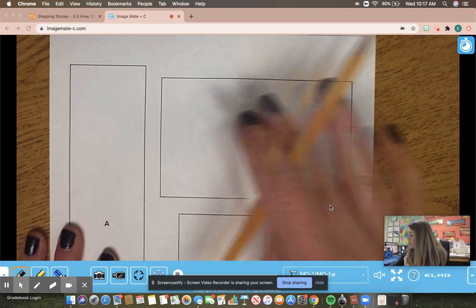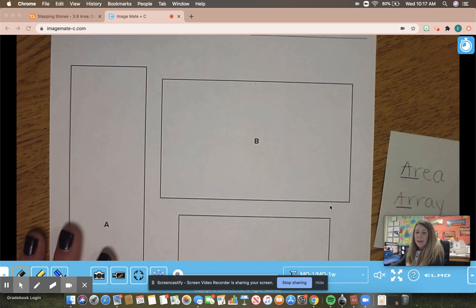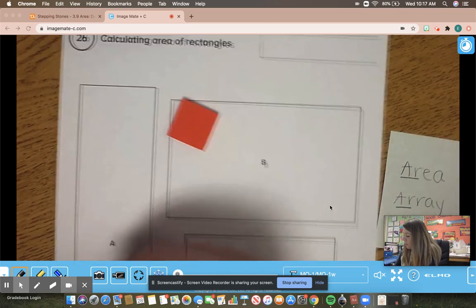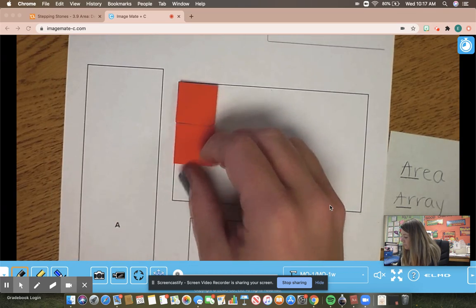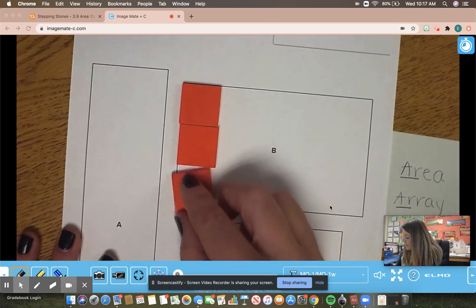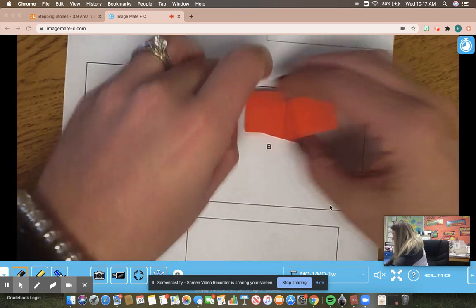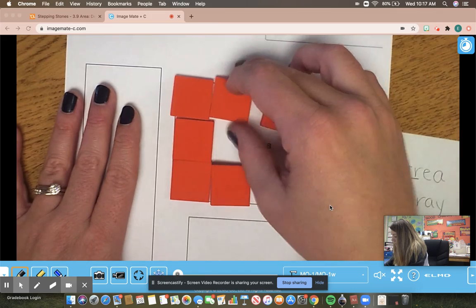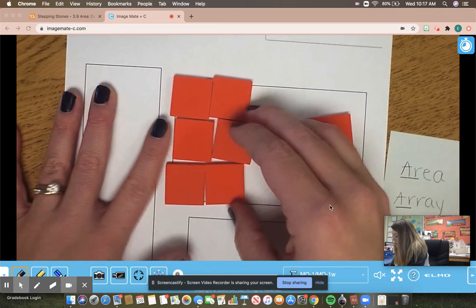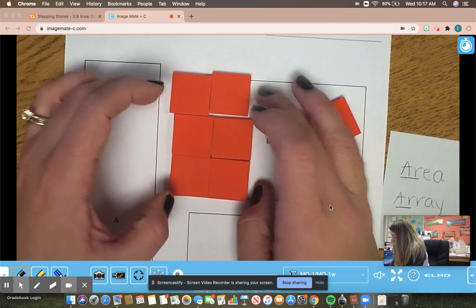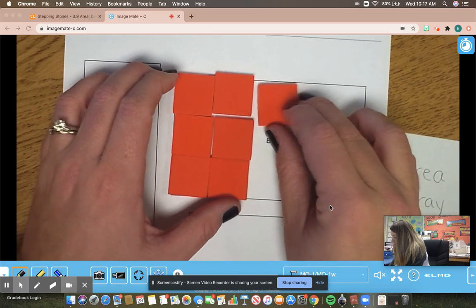So let's take a closer look at this shape and how this shape can be turned into an array. I have some tile blocks here. And I'm going to fit these tiled blocks into this shape. I'm going to do it as nicely as I can. My piece of paper keeps moving on me. Okay.